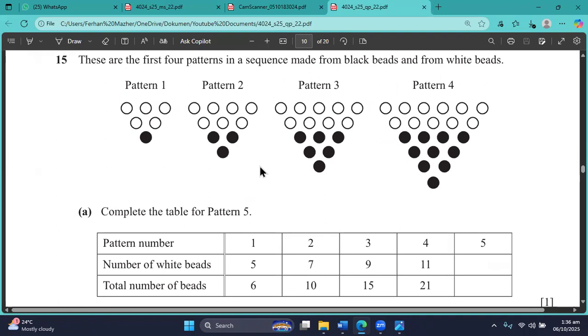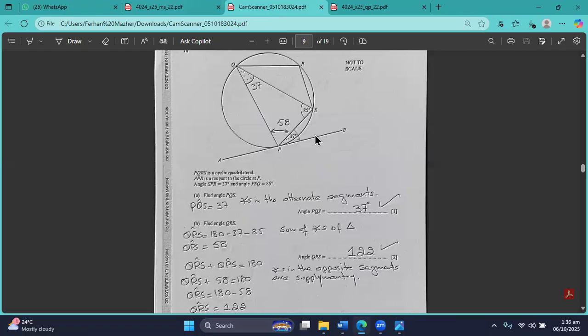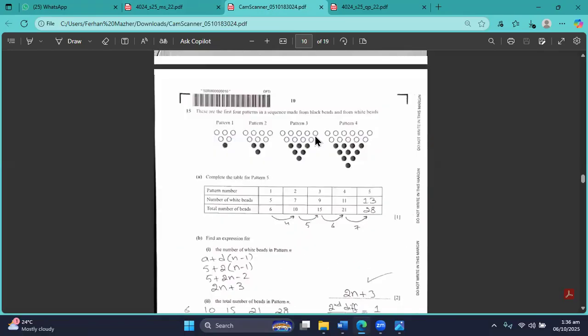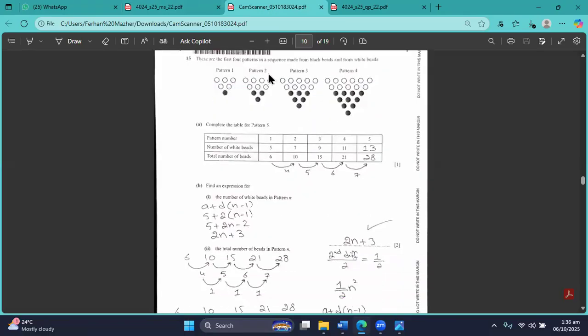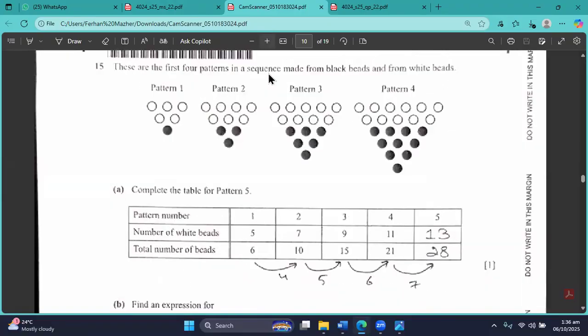Okay. So pattern 1, pattern 2, pattern 3, pattern 4, pattern 5, the number of the white beads: 5, 7, 9, 11. So you can see 2 is being added each time. So 2 will be added here, and you will get 13.